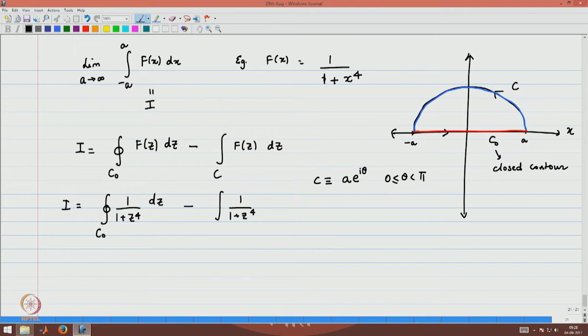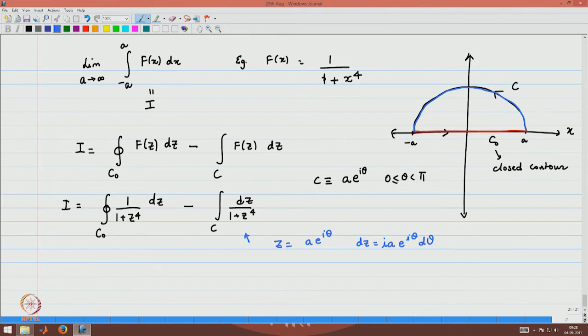So, I can write this in the following form. The idea is to write z in this second integral. Only in this integral I will make the substitution z equal to a e to the I theta. Now, dz equals a I e raised to I theta d theta.